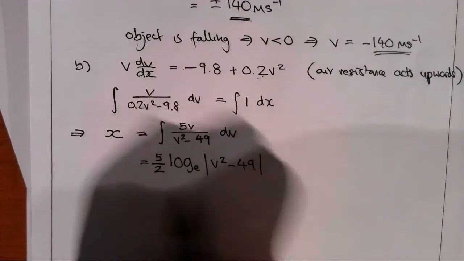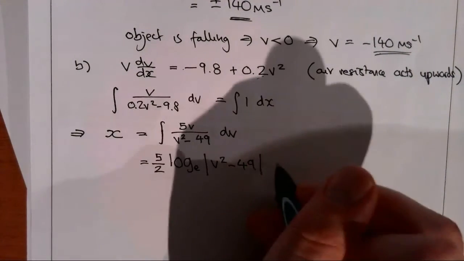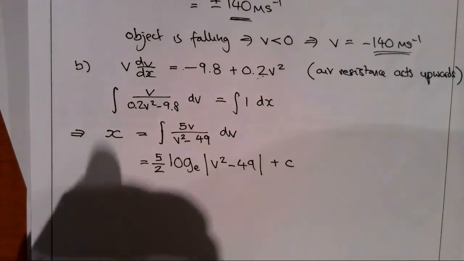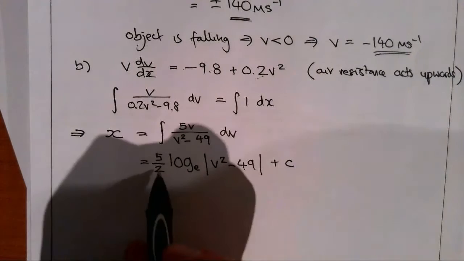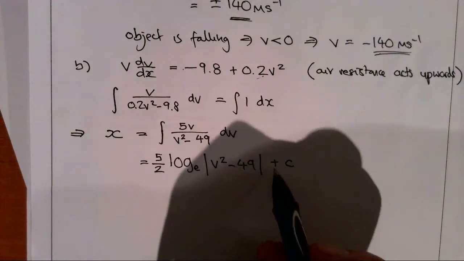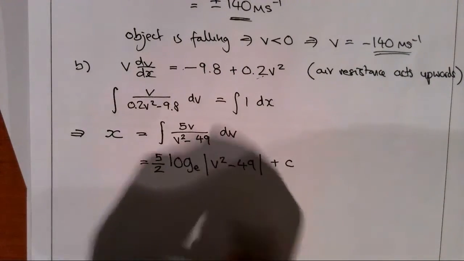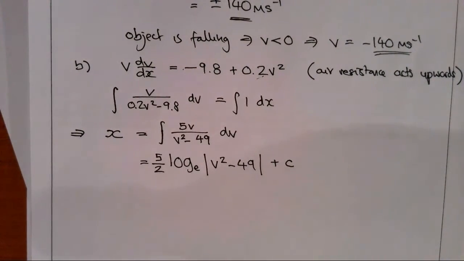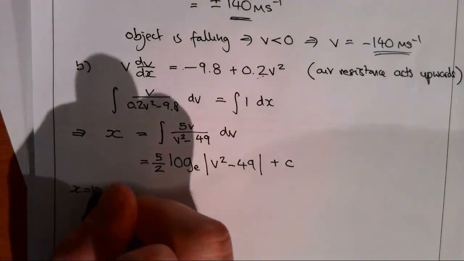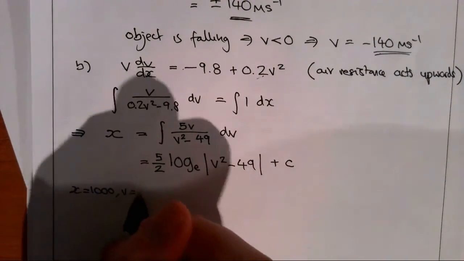So this is the correct integral, but of course I also need a plus c. So x is 5 over 2 log of modulus of v squared minus 49 plus c. Then initial conditions, when x equals 1000, v equals 0.